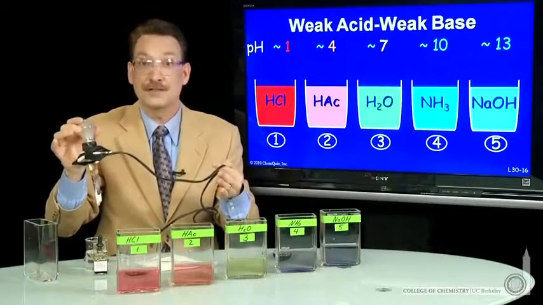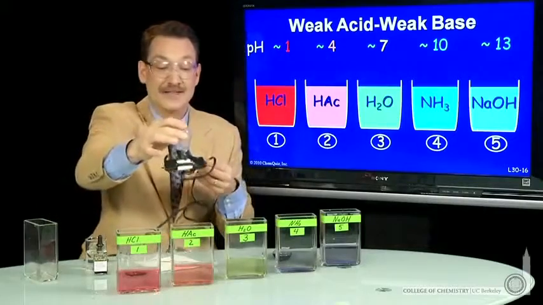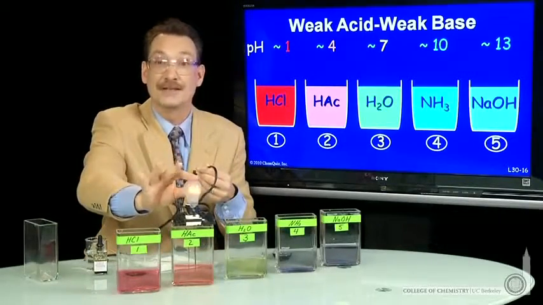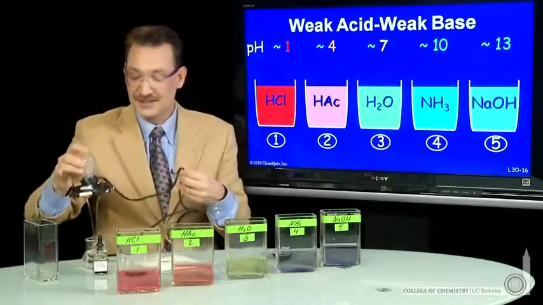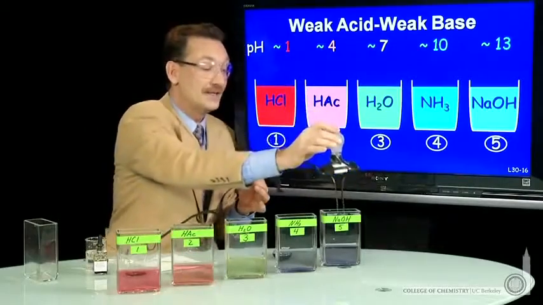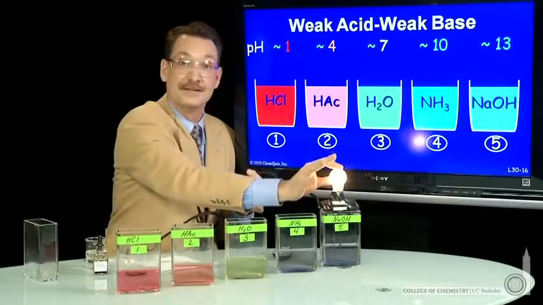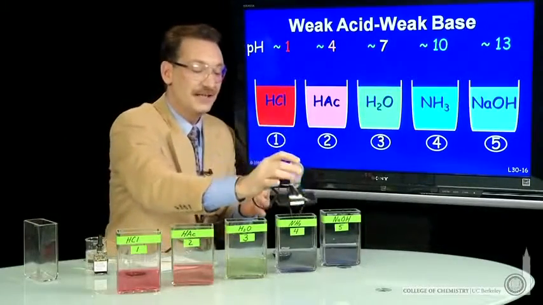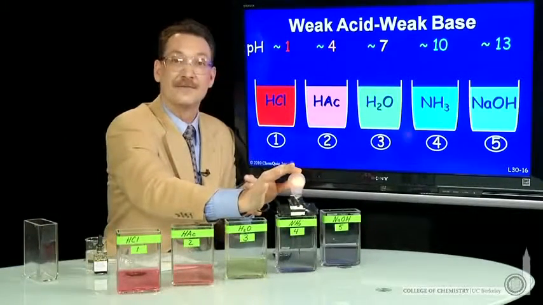So I'll have a lower concentration of ions in the weak acid and a dimmer light. We should see the same correlation between the weak base and the strong base. The strong base should give us bright light, and the weak base should give us a dimmer light, fewer ions in solution.